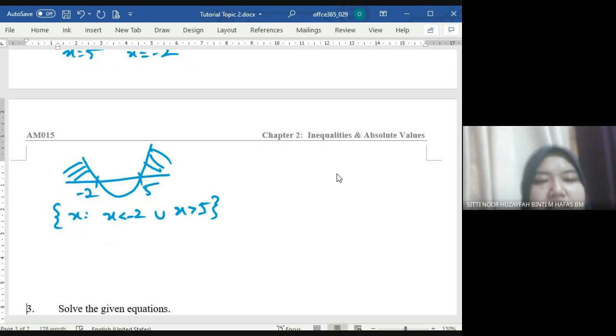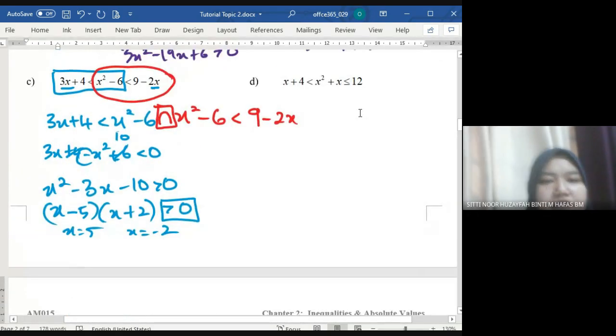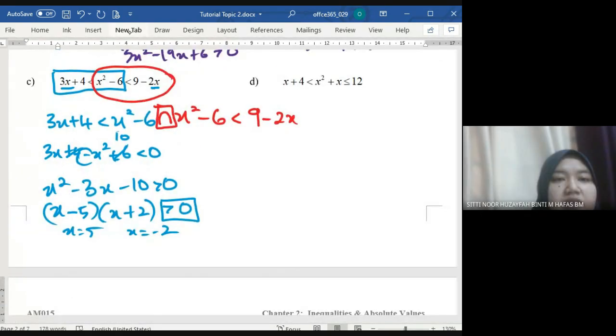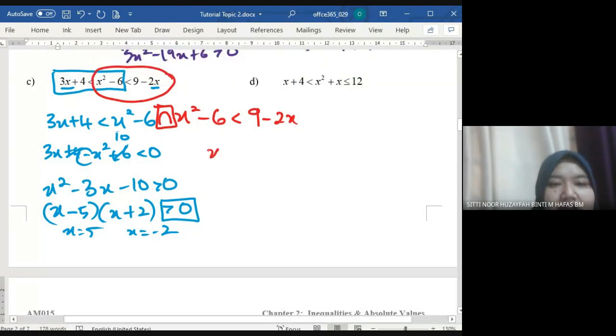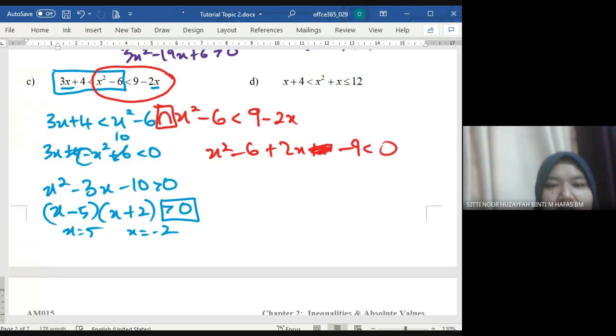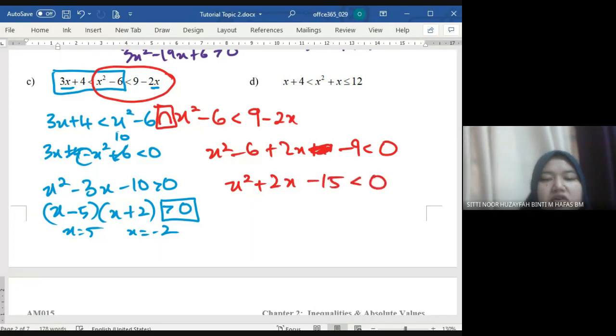Baru satu selesai. Kita kena buat yang belah kanan pula. Okay. Yang belah kanan. So kita x kuasa 2 tolak 6 tambah 2x tambah tolak 9. Tolak 9 kurang daripada 0. So x kuasa 2 tambah 2x tolak 15 kurang daripada 0. So sekarang ni dah x kuasa 2 dia dah positif.